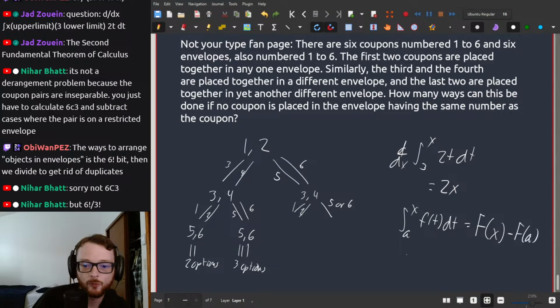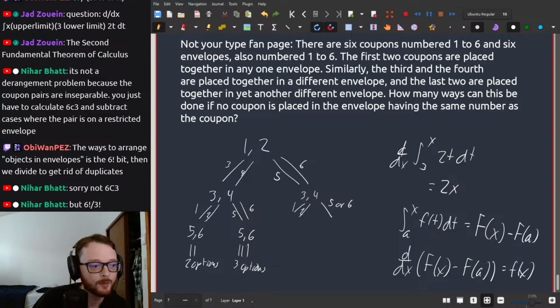But if you take the derivative of that result, the derivative of the antiderivative is just your original function, and F of a is just a constant, so it's 0.